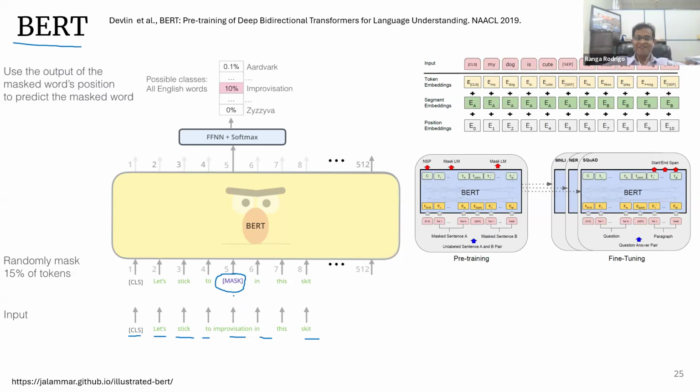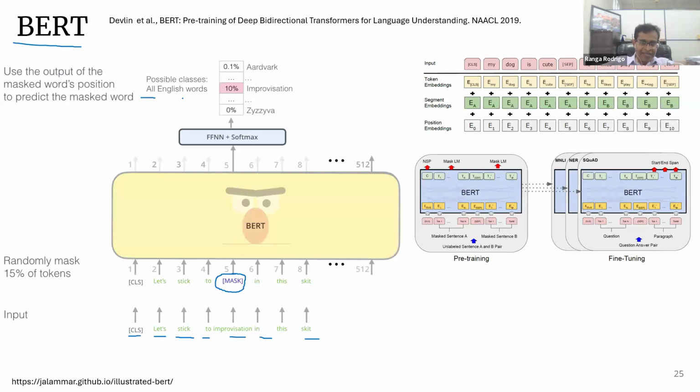Then you are supposed to put that word in, right? "I ate an apple." Fill in the blanks. This is exactly that. But you know the actual sentence. So therefore, if it does a good job in finding this masked word, it's good. If it does not do a good job, we know how to change the parameters based on that.